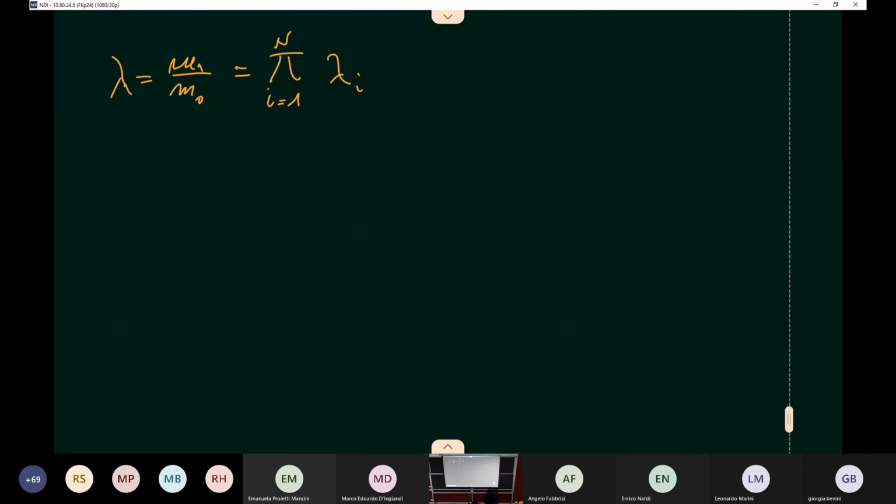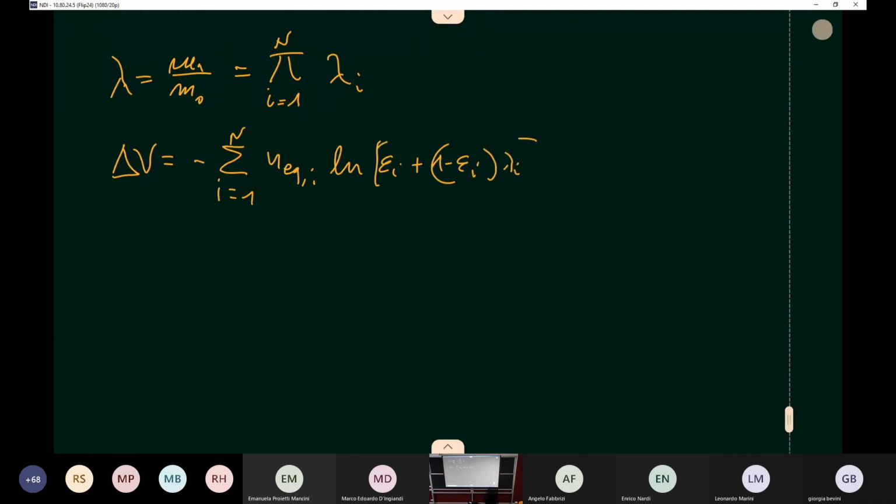Then we have the overall delta V, which is our target, that is expressed as the sum of the change of velocity provided by each of the sub-rockets. And these are the expressions that we have found last time.